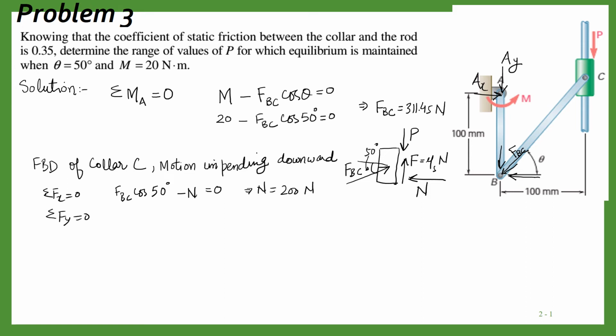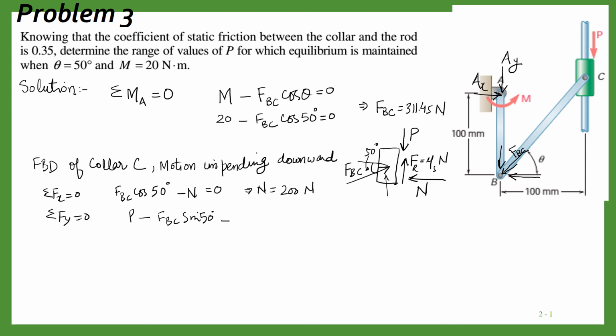Then we have summation of Fy is equal to 0. So in the y direction we have P acting downward, then FBC sine 50 degree, so the component of this force, and minus frictional force. This is the frictional force F. So we can directly write it.